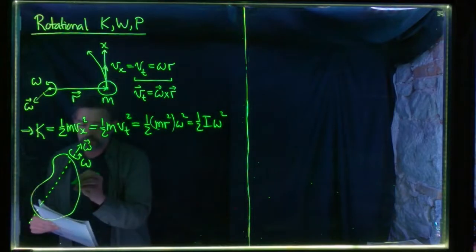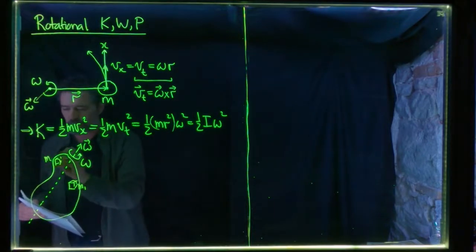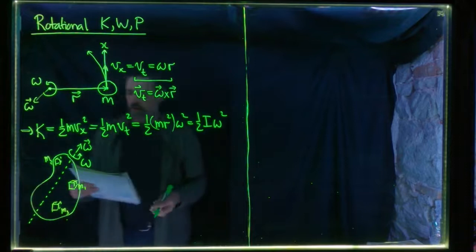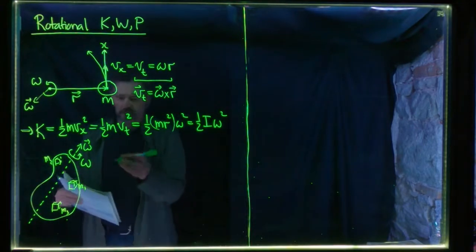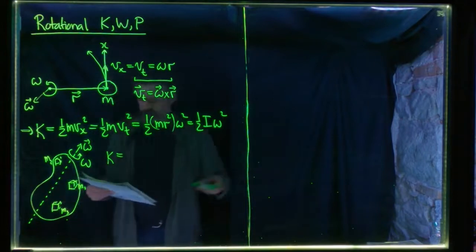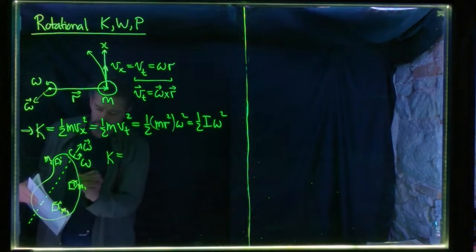And then we just break that body up into a whole bunch of little pieces. Here's a piece with mass m1. Here's a piece over here with mass m2. Here's a piece over here with mass m3, and so on. And then we just write down, well, what's the kinetic energy? Well, the kinetic energy is equal to the kinetic energy of this object.